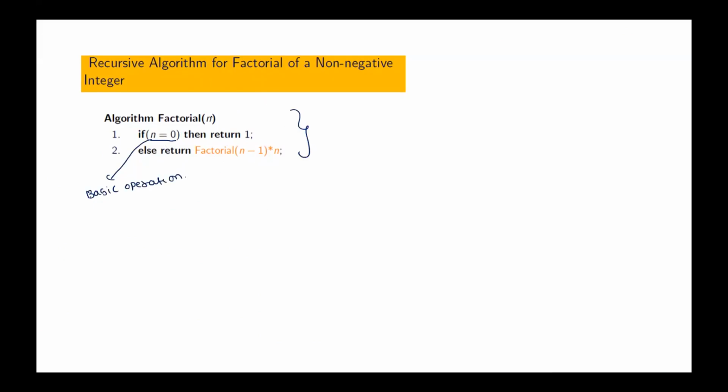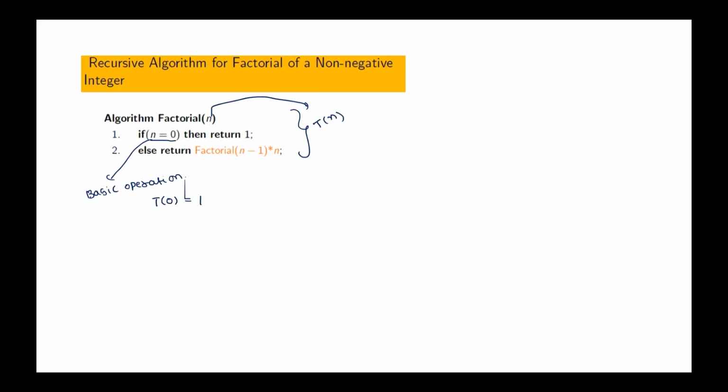When n is input, the number of times it is performed, we call it T of n. Now what is the recurrence here? What is T of 0? If n equal to 0, how many times is that operation performed? 1 time. Only 1 time.